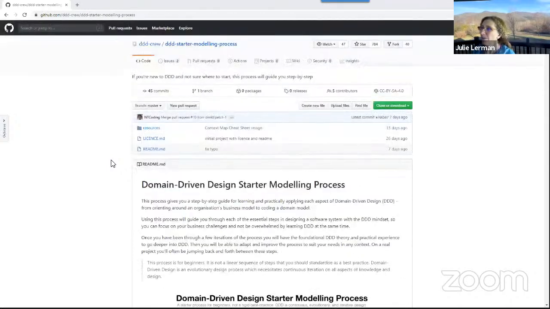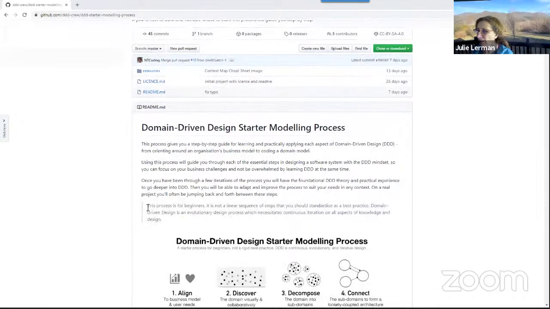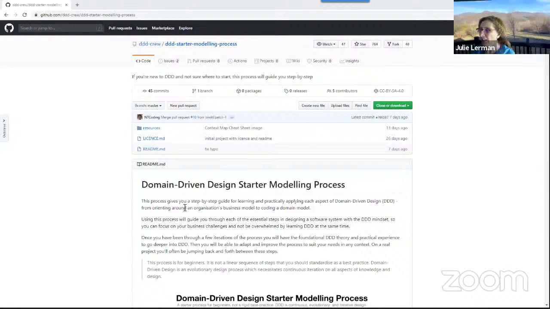So if people are maybe not familiar with this, I hope, Nick, this is okay to share. This is kind of public, I think. There are a bunch of people working on this repository of creating ideas around domain-driven design, of helping people, different perspectives on it.